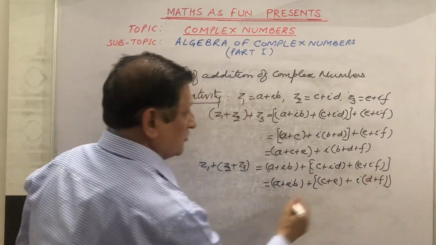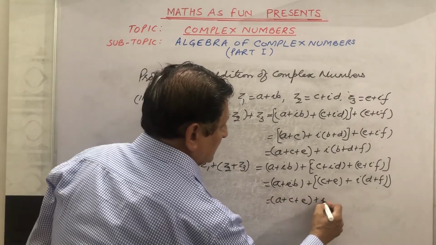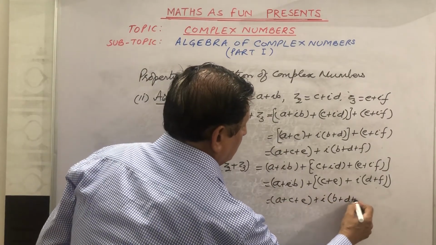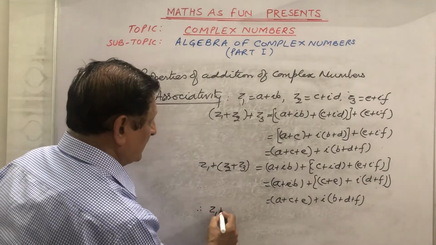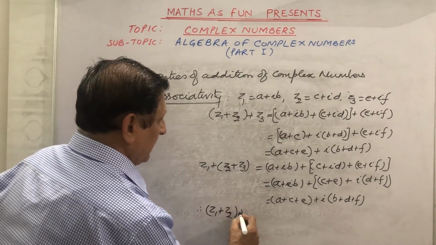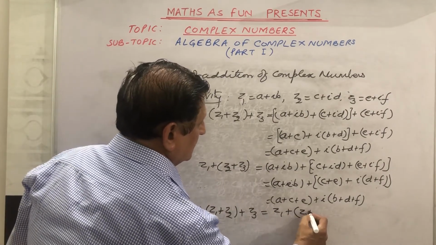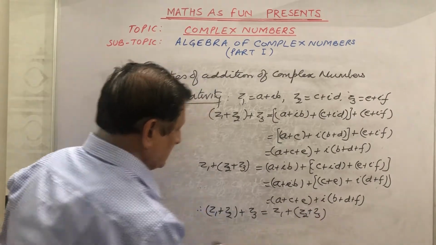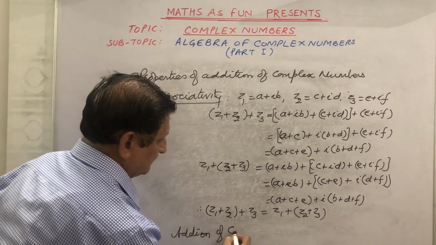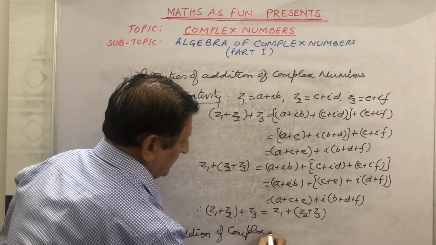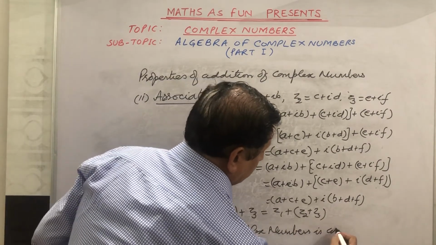And if we add these two complex numbers, a plus c plus e plus iota b plus d plus f, we are finding both are equal. It means Z1 plus Z2 plus Z3 is equal to Z1 plus Z2 plus Z3. So we say that addition of complex numbers is associative.